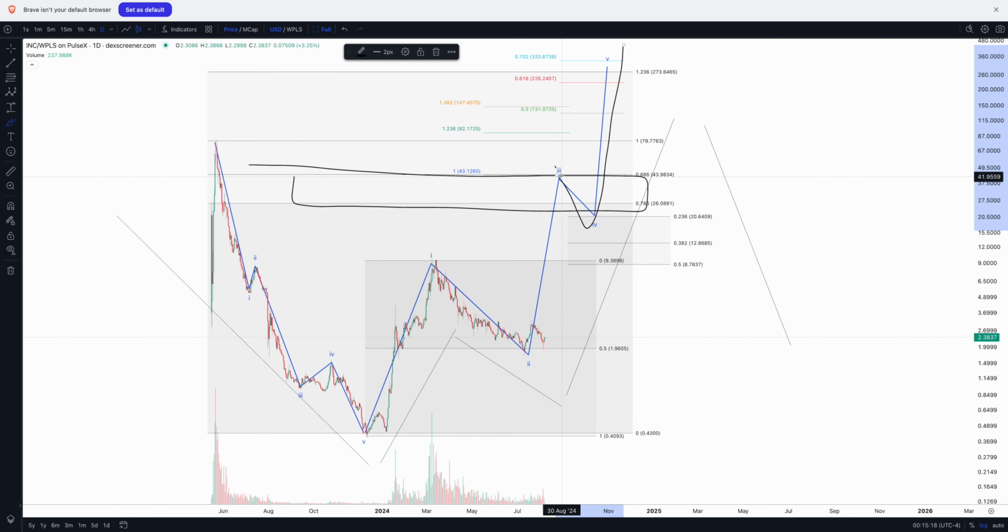Okay, so this wave 4 correction that comes after this next leg in the market will be very telling on whether we have that next leg up or not. Okay, I'm thinking it only comes down to the 23.6 to 38.2% fib rather than us having a deep and complex wave 4, because this wave 2 took a very long time, and it did come down to the 50.